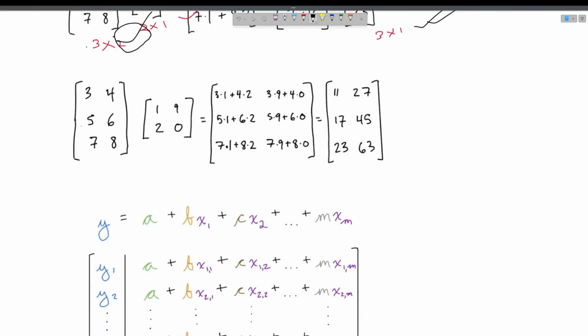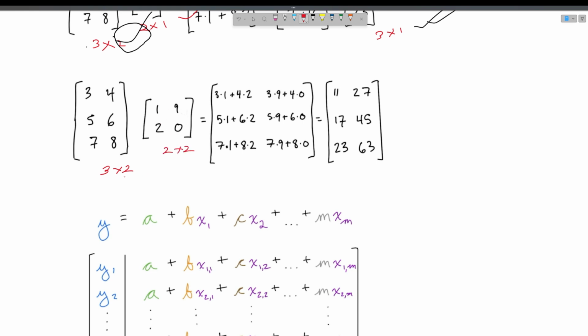Okay, now let's talk about this one. Here you can see we have 3 rows. Let me just use a different color. We have 3 rows and 2 columns, no issues. Here we have 2 rows and 2 columns, no issues.